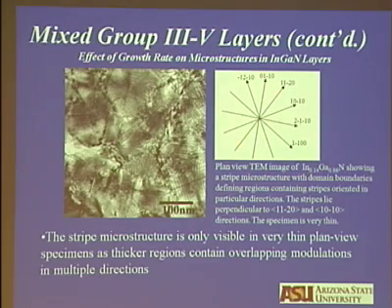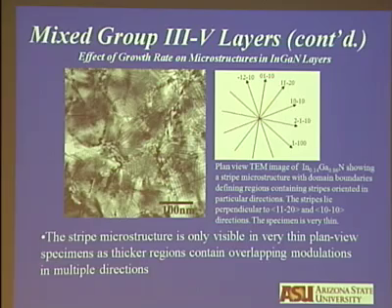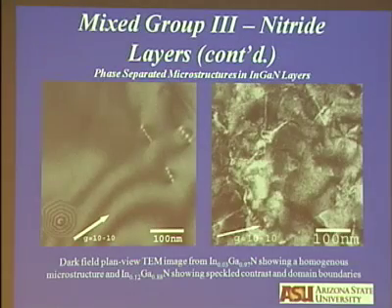The width of, say, this is 100 nanometers, so this must be 10 nanometers. Very, very narrow. What's the correlation between the speckle structure shown here and the stripe structure shown here?